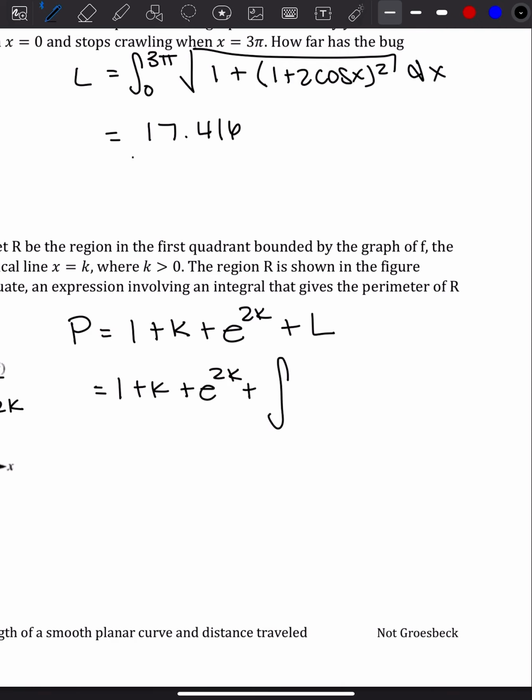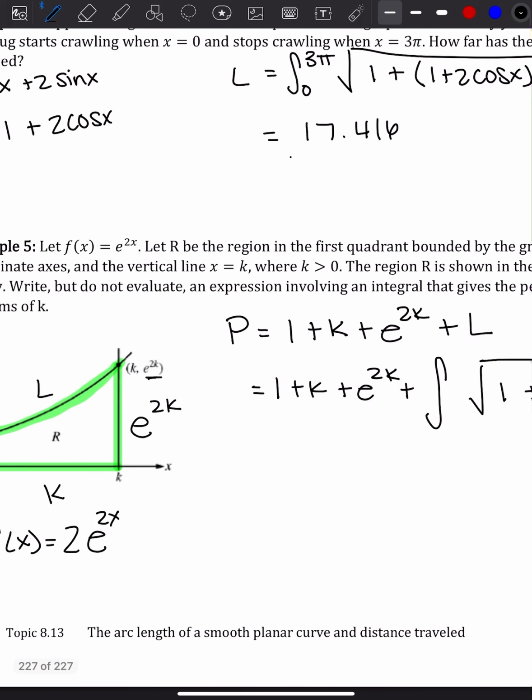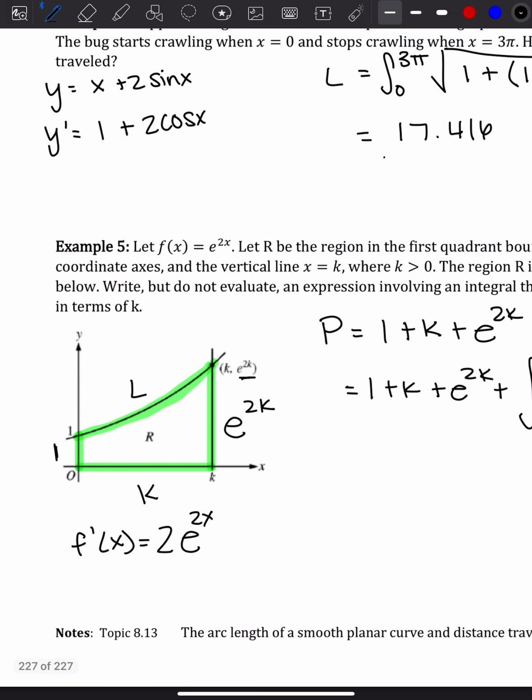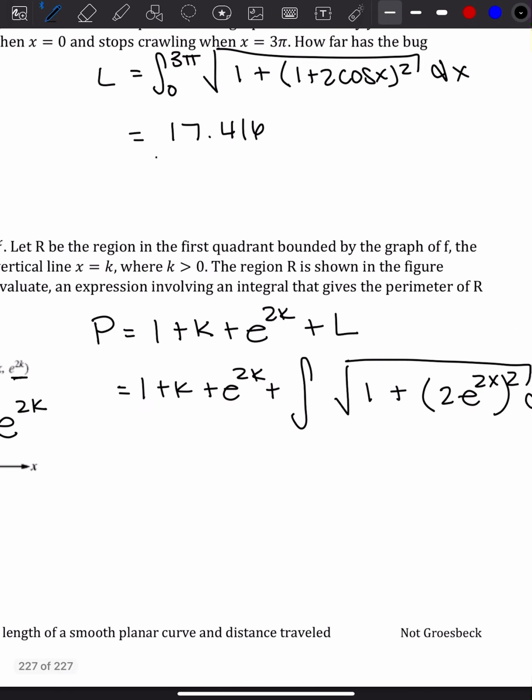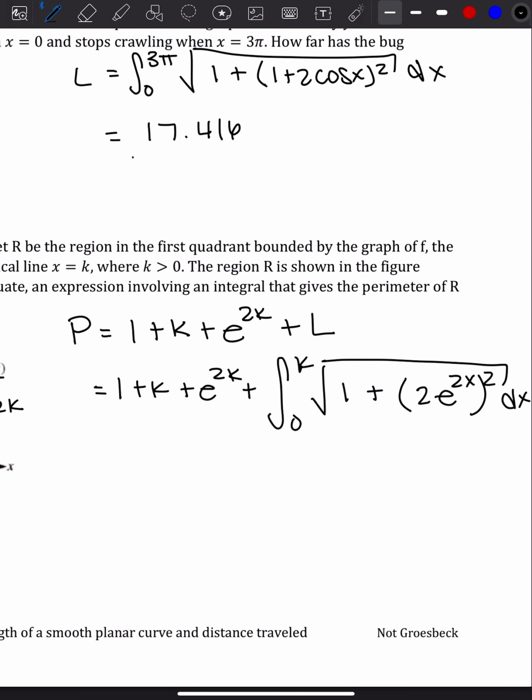We'll look at our bounds in a second, but we have our square root of 1 plus our derivative, 2e to the 2x, squared, dx. Okay, our bounds, the x value we start at is 0, the x value we end at is k, so we're going to go from 0 to k.